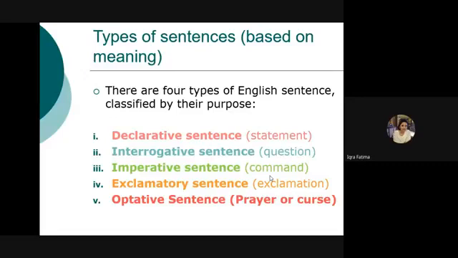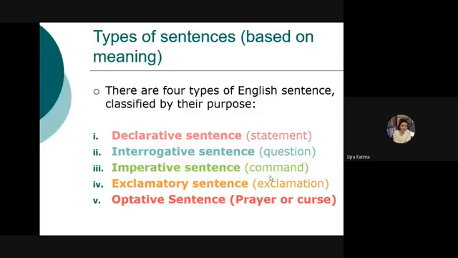So we have categorized the types of sentences according to their minimal requirement. The minimum requirement of writing a sentence is subject, verb, object, complement, adverbial. This minimum requirement of structure is called a simple sentence.